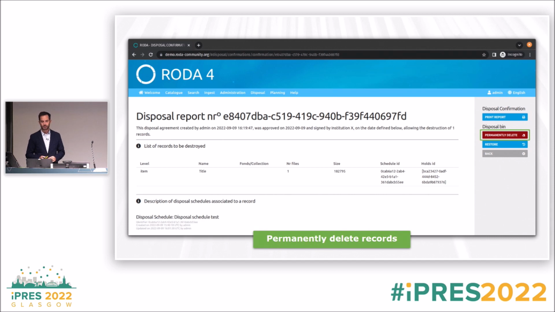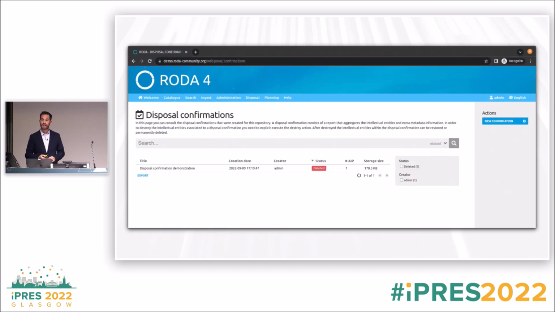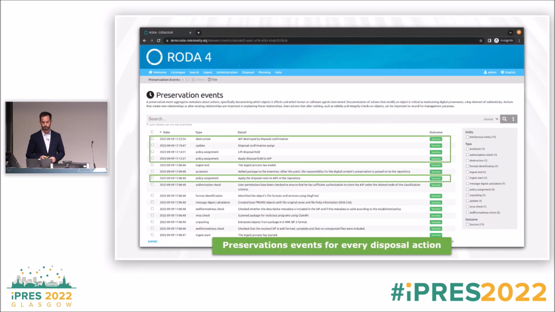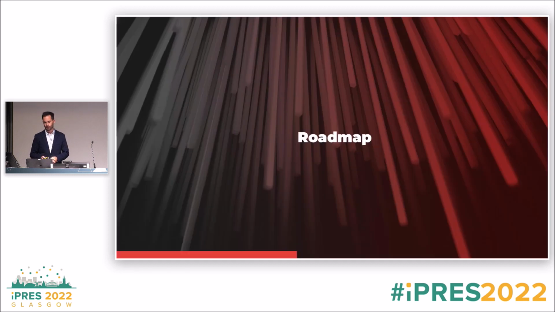After permanently deleting the records, the report stays there, but you can no longer recover the data. Every step of the way, we produce preservation events for assignment of disposal schedules, for disposal holds, for disposal confirmations, and for the ultimate destruction, even with the restore of the records.